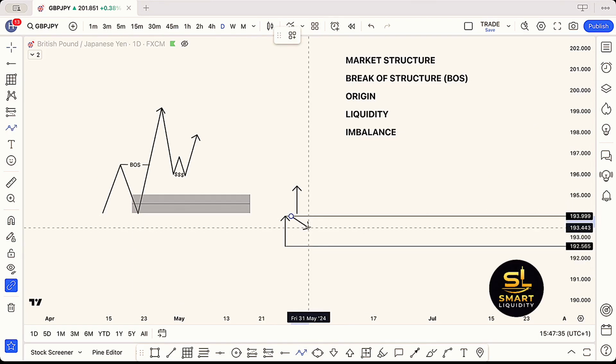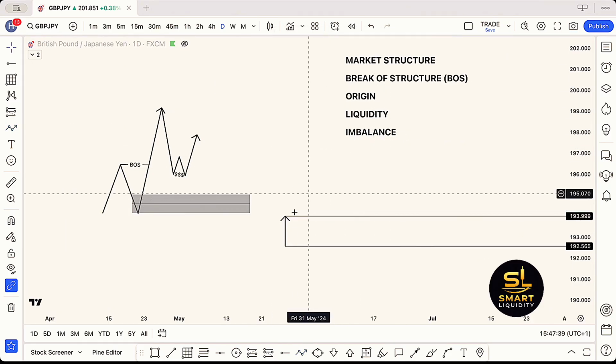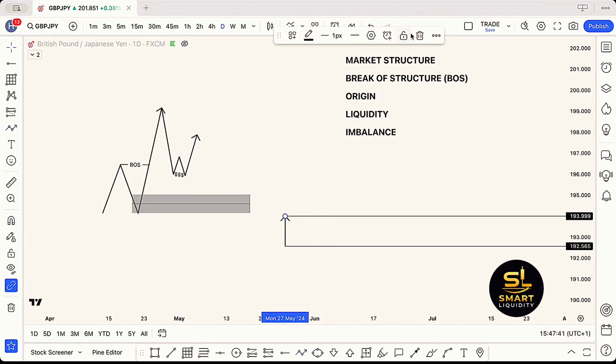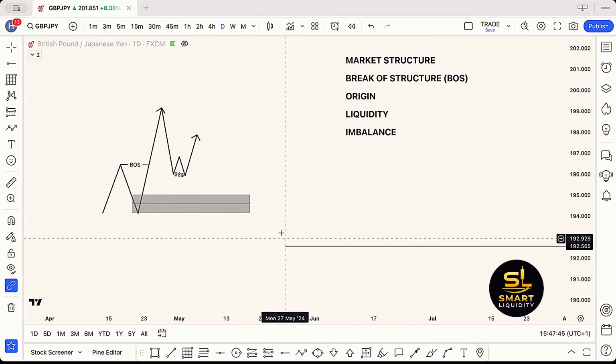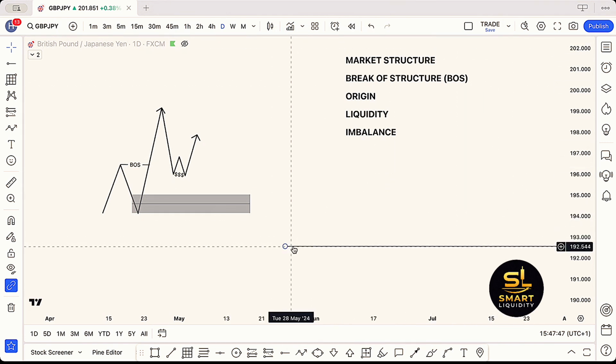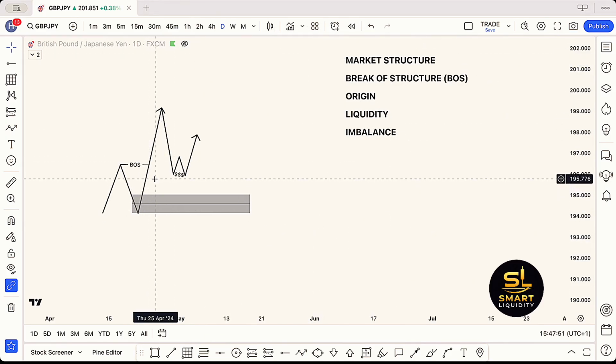You will get this clearer once I open the chart. I'm just trying to give an illustration so that you understand what I'm talking about. So that is what I need to see. From my illustration here, you can see this gap is actually an imbalance.